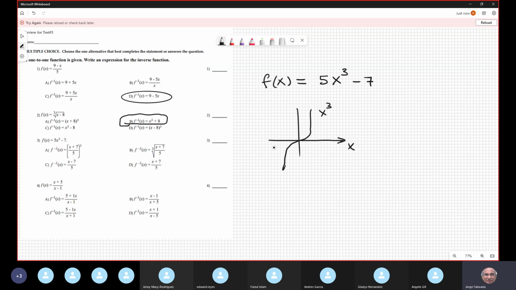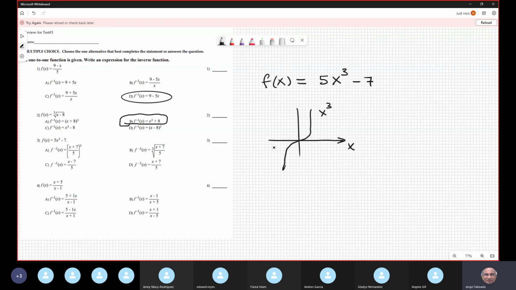Well, the problem is that you have multiplication by 5. So this multiplication by 5 is only a vertical stretch, by a factor of 5. It can pull upward and downward, and deform it a little bit.